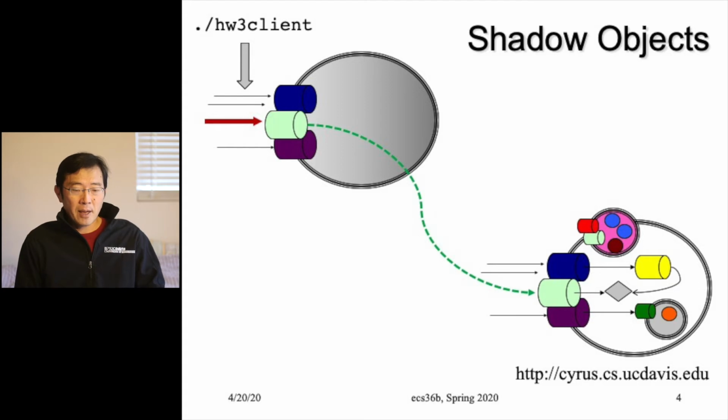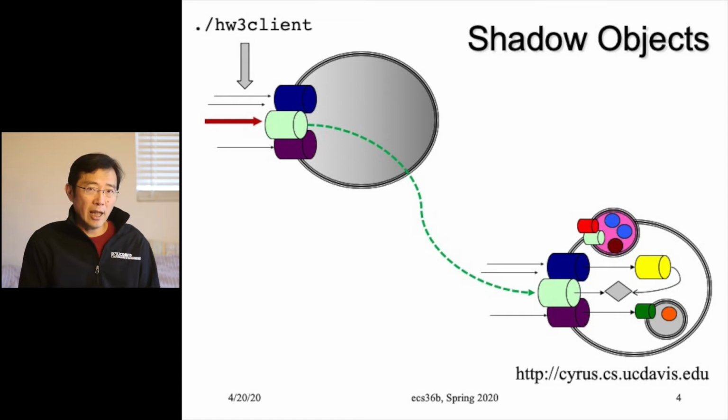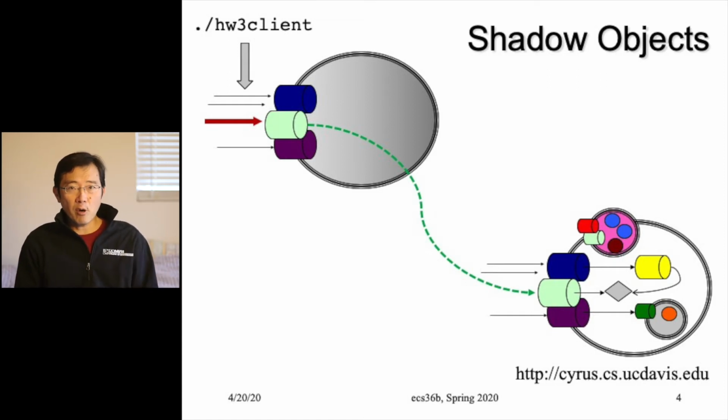Because your local object, the gray circle on the left, is a shadow of the real object, it takes your call, but instead of processing it locally and doing the distance calculation, it forwards this request to the real object on cyrus.cs.ucdavis.edu, which really has two GPS locations. It can calculate the distance between those two, and then send the result back to your shadow object and then feed it back to your local application.